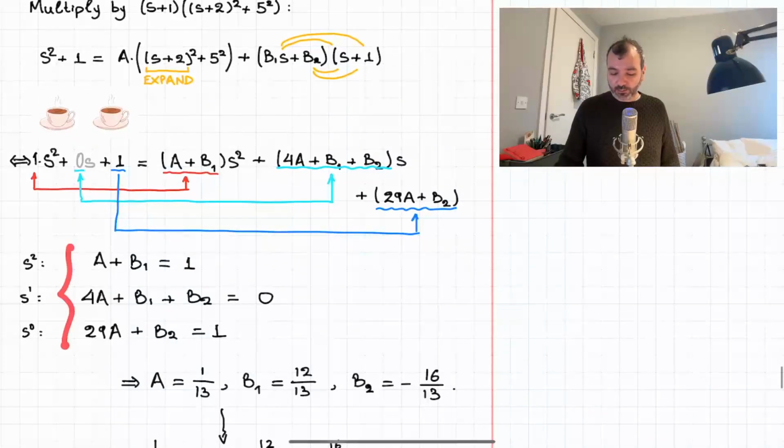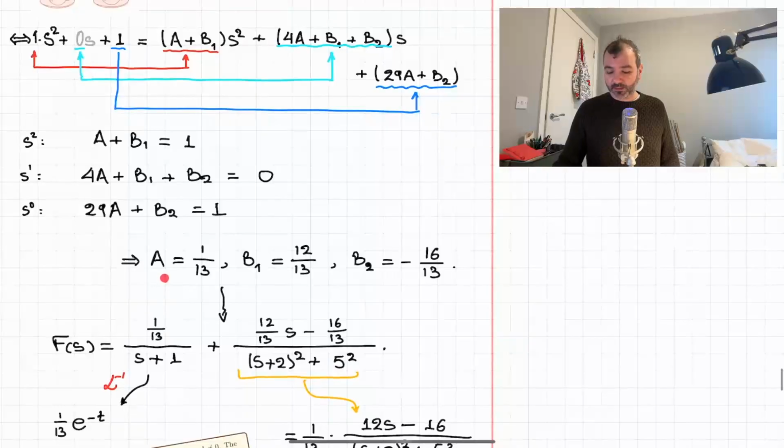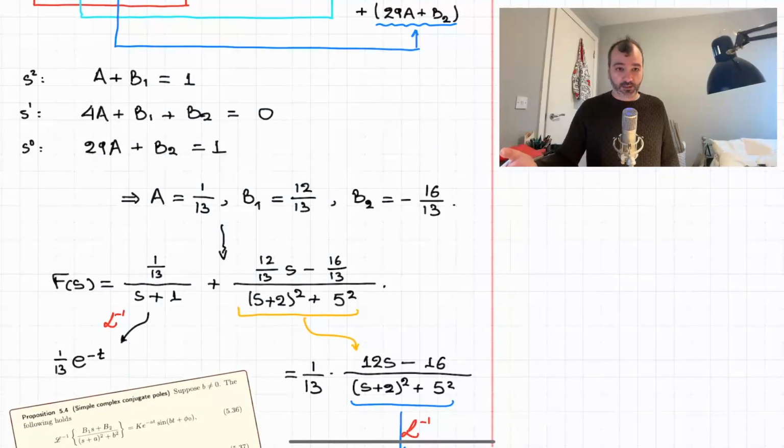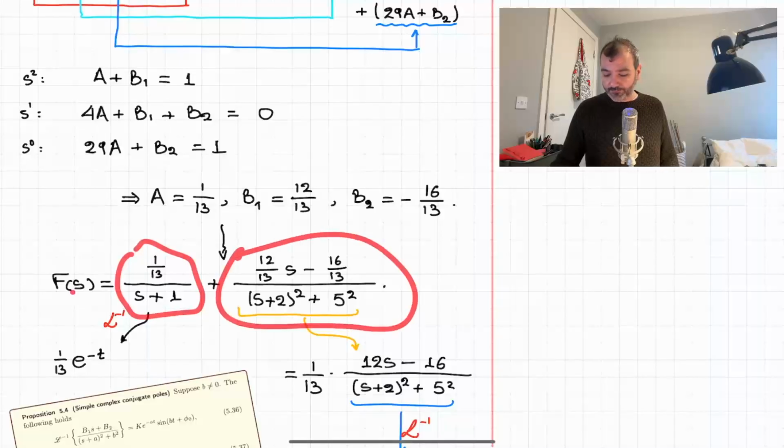So we can write down a linear system with unknowns a, b1, and b2. We can solve the linear system and we can determine a, b1, and b2, and we have these values. We have carried out our partial fractions expansion, and we have that f of s is this plus this.